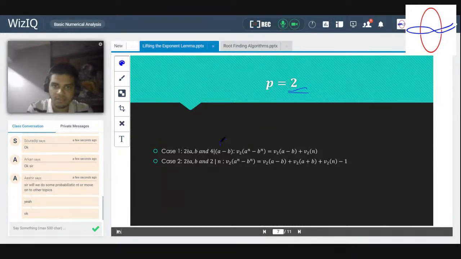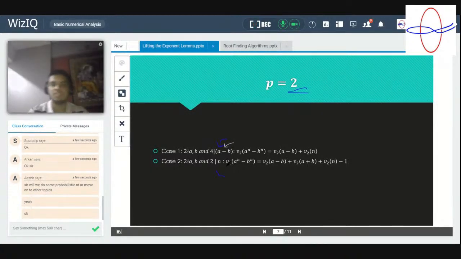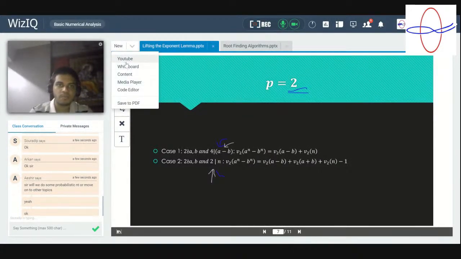One where 4 divides a minus b, and another where 4 does not divide a minus b, and then we'll generalize this to the case where 2 divides the exponent. And then we don't need the 4 dividing a minus b anymore, right?